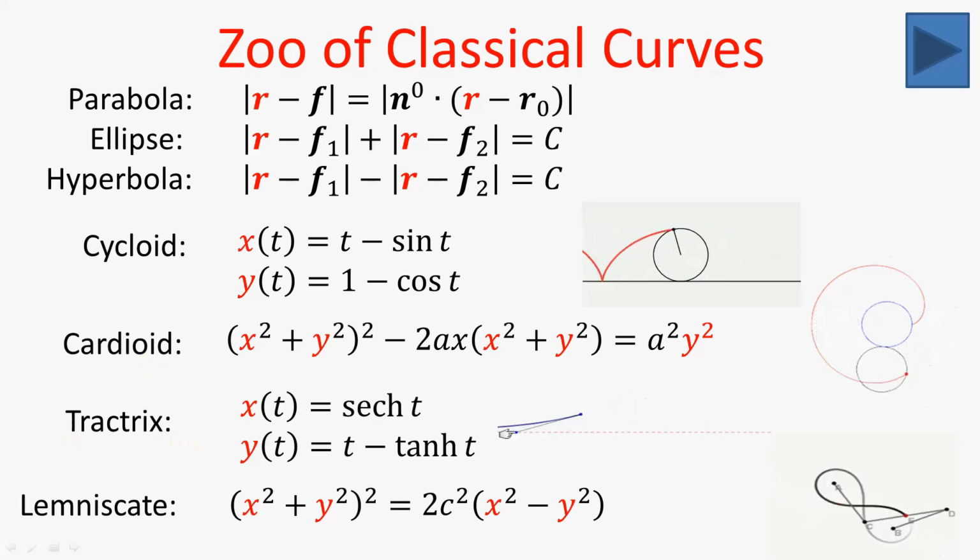The tractrix is the path of a brick when we take the brick for a walk on a dog leash. Finally, the lemniscate, the infinity sign, is also defined by the path of a point of a mechanical structure consisting of 3 line segments.